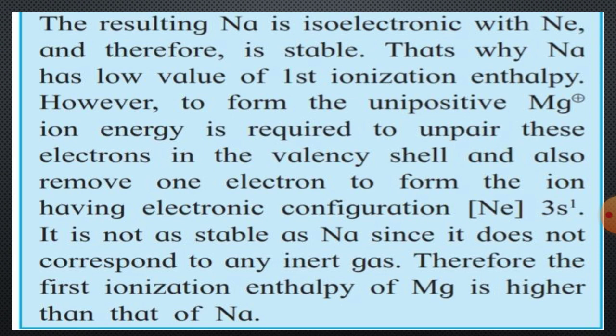Here it forms the unipositive ion. For magnesium, energy is required to unpair the electrons in the valence shell and also remove one electron to form the ion having electronic configuration neon 3s1.